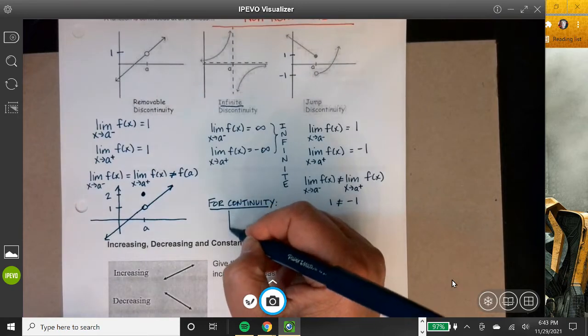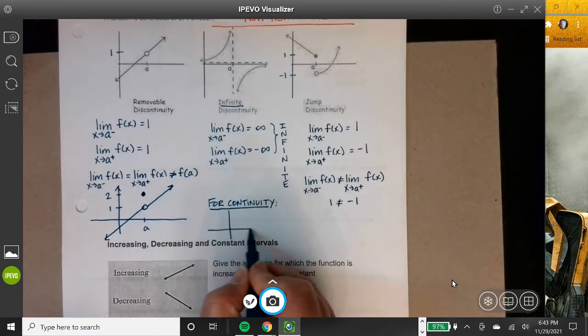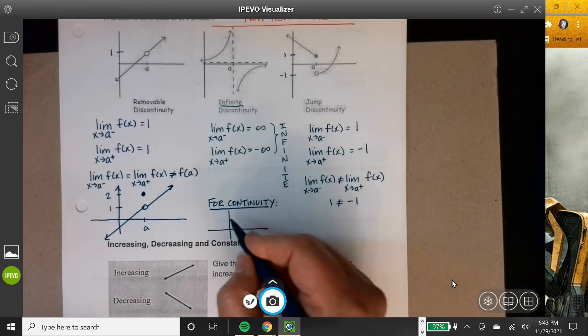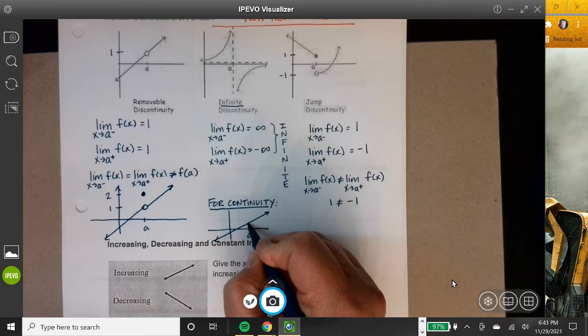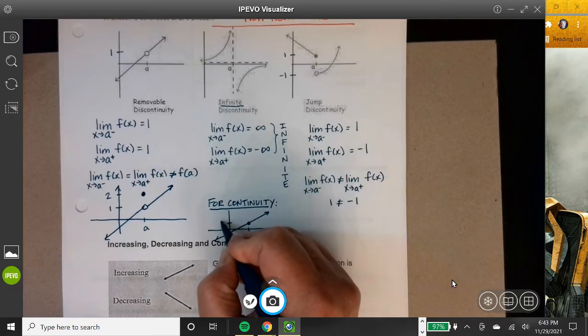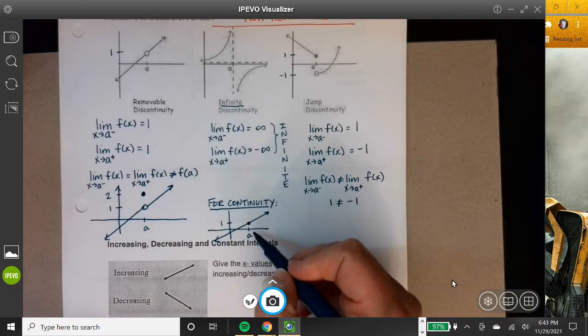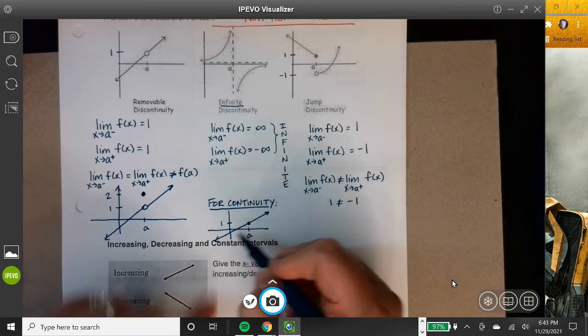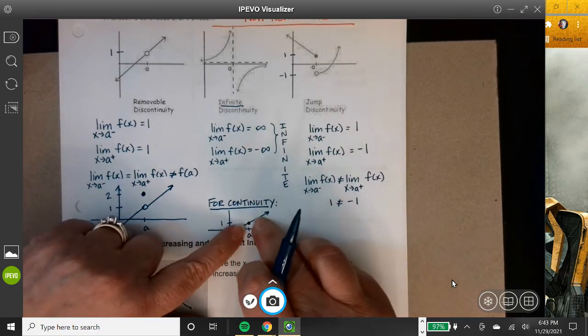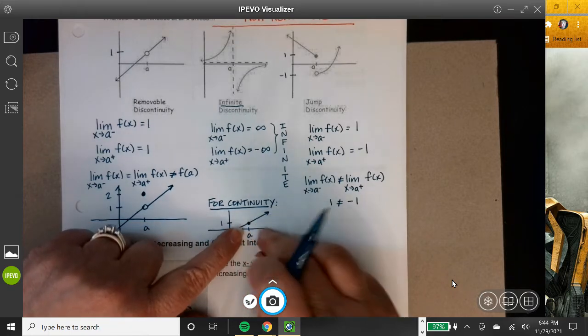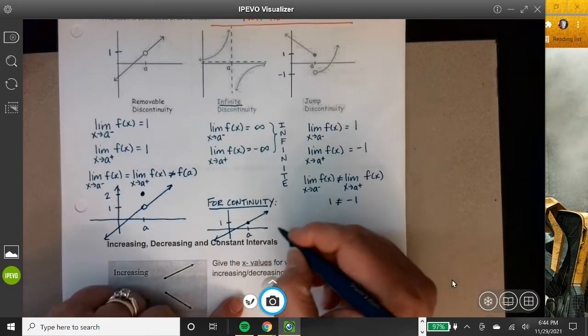So let's draw that real quick. See the subtle difference here, well, it's not too subtle, I guess, is that the limit as x approaches A from the left and the right are the same number. They're both equal to 1, and now it's equal to f of A.